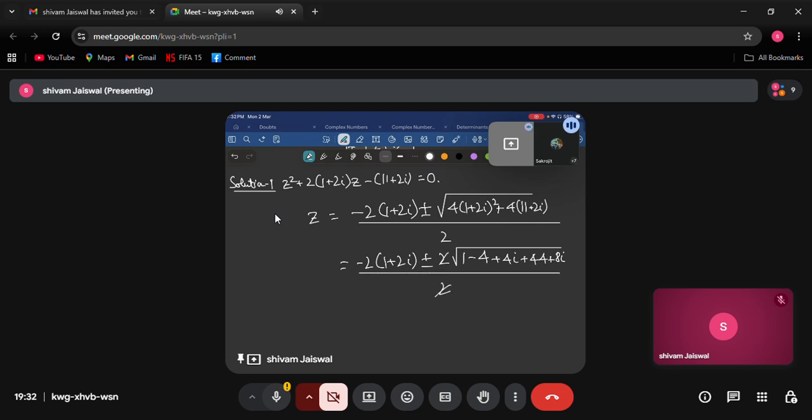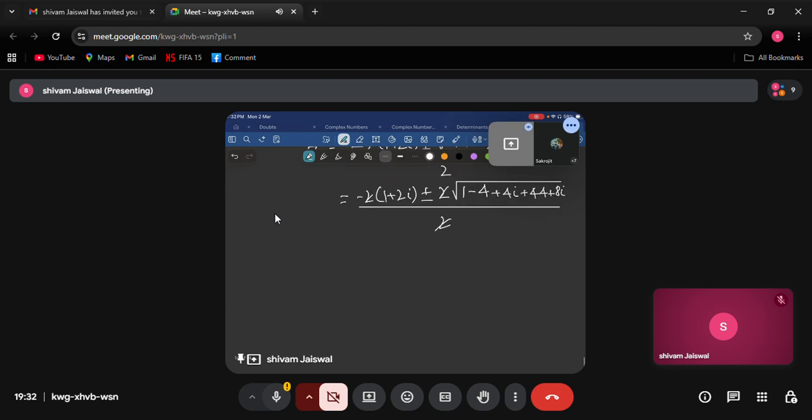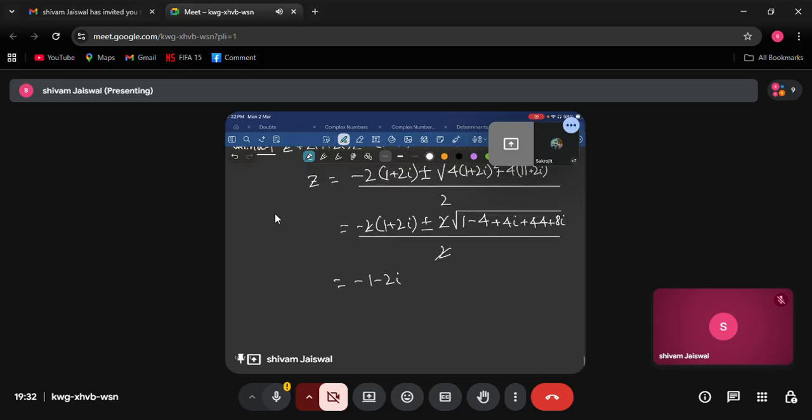This 2 and this 2 will get cancelled. You are going to get minus 1 minus 2 iota plus minus square root of ... What?